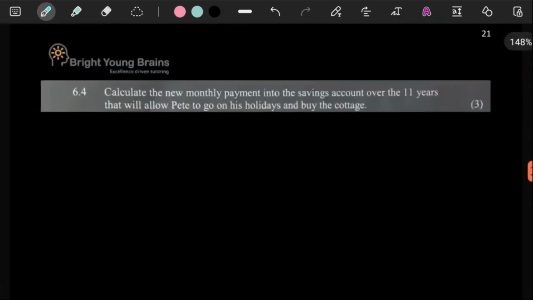6.4 says, calculate the new monthly payment into the savings account over the 11 years that will allow Pete to go on his holiday and buy the cottage. So in this situation, what you need to keep in mind is his original monthly installment. All that's going to happen is the money that he has forfeited.